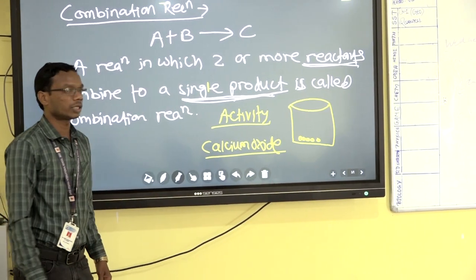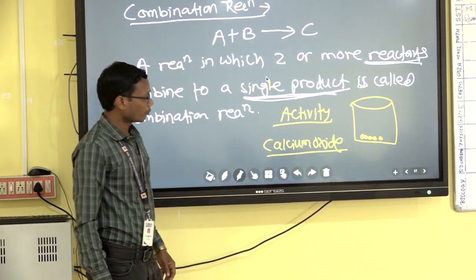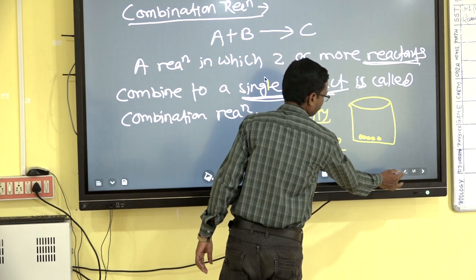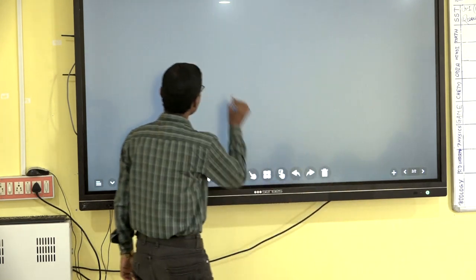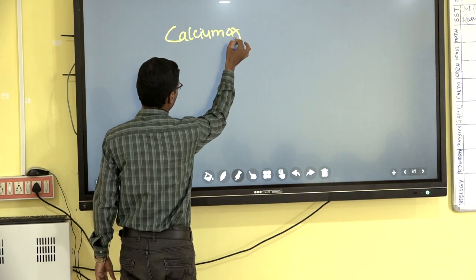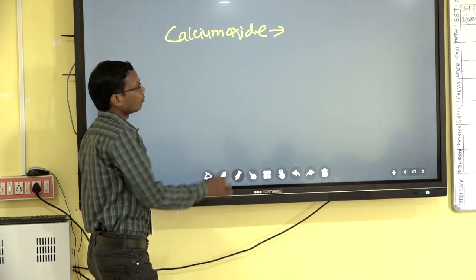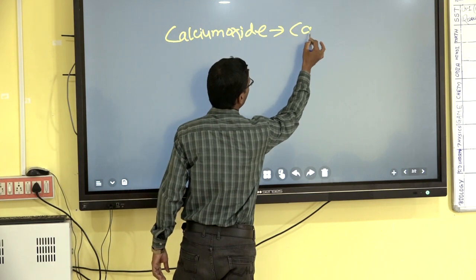Now, what is the formula of calcium oxide? Who can say? CaO. Formula of calcium oxide is CaO.